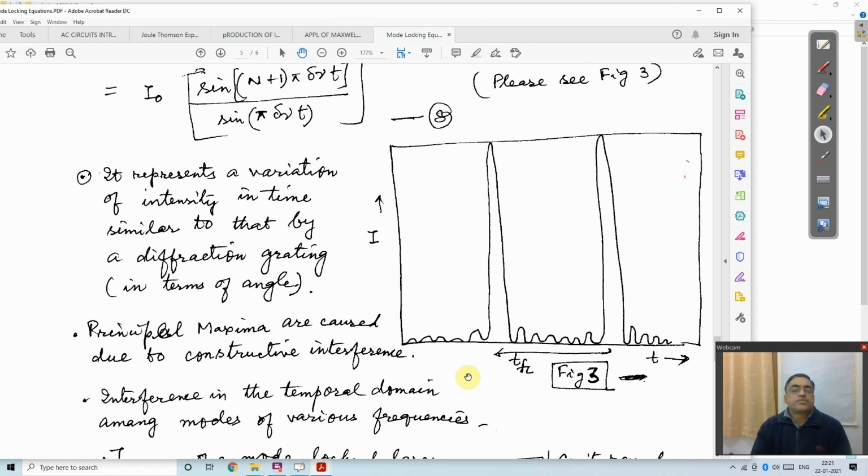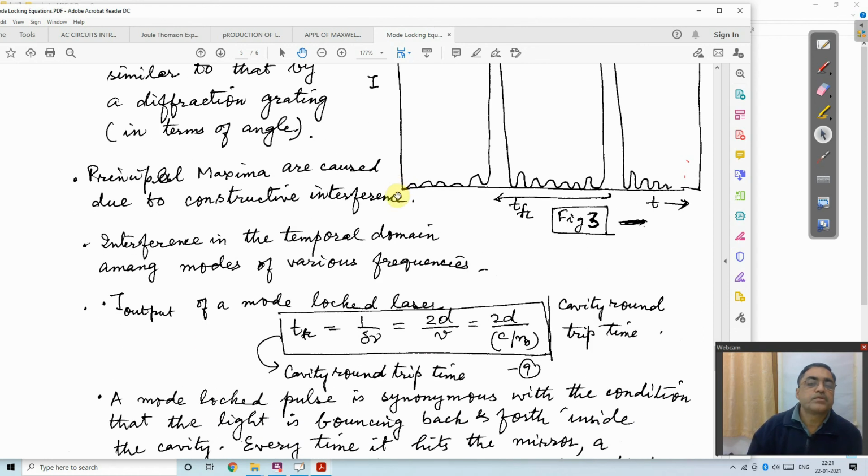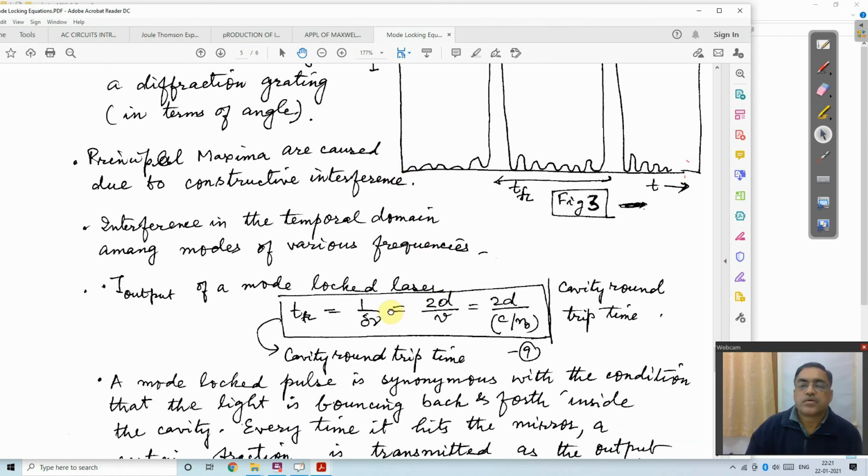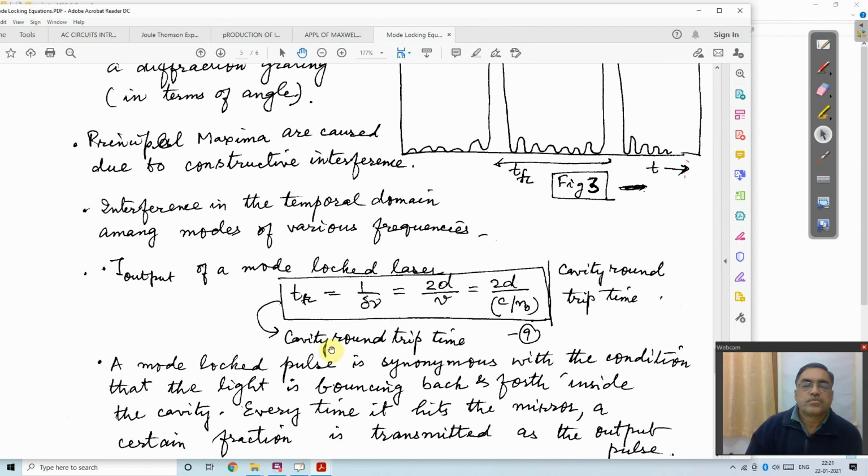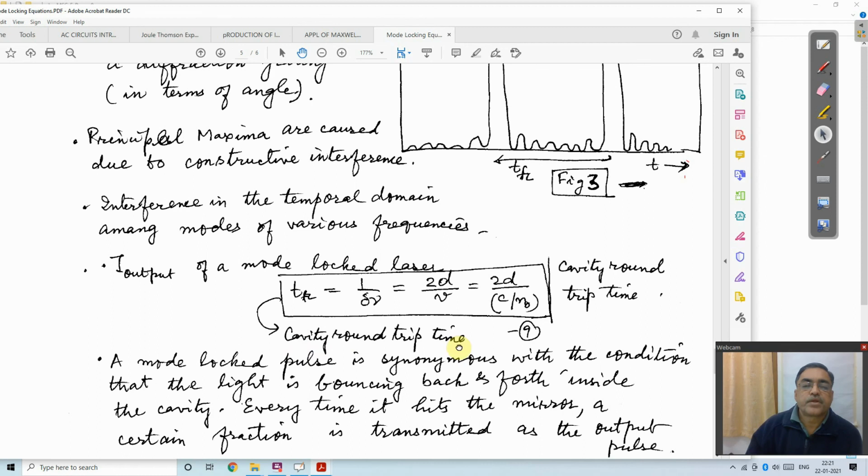The principal maxima are caused due to constructive interference in the temporal domain among modes of various frequencies. The output intensity: now you see the cavity round trip time Tr is the inverse of the bandwidth of each peak, each pulse rather.